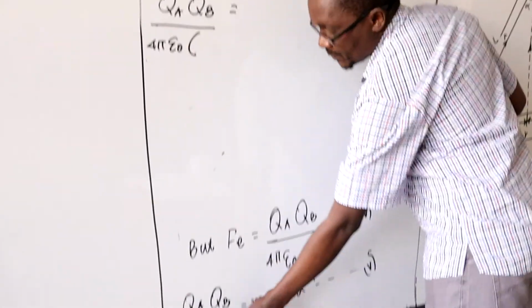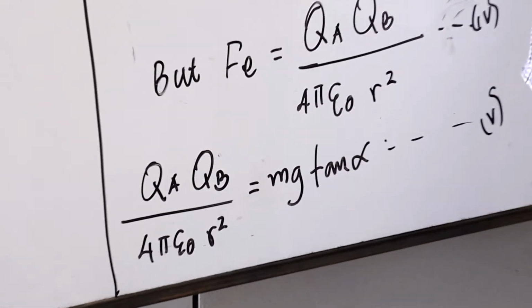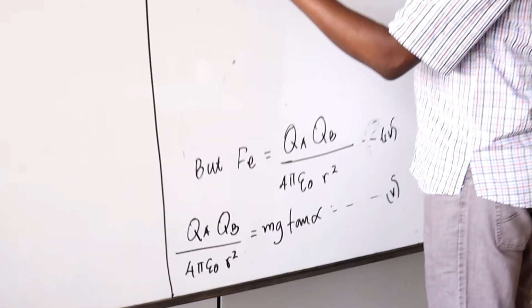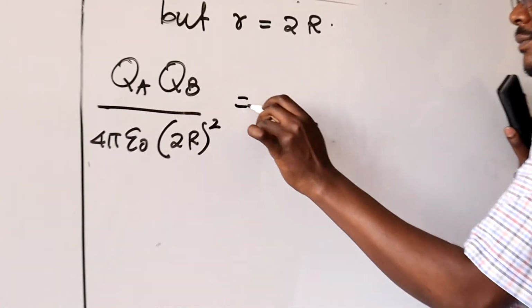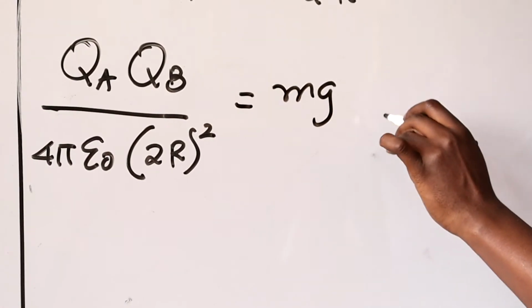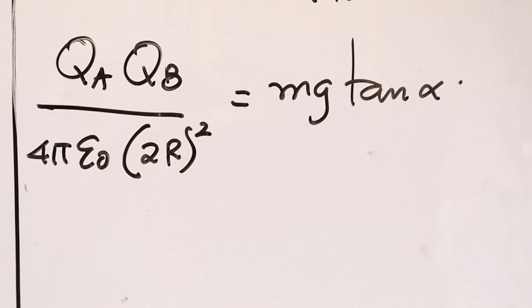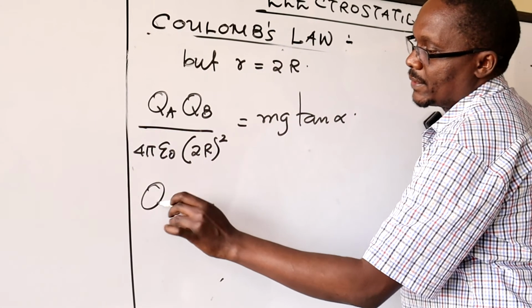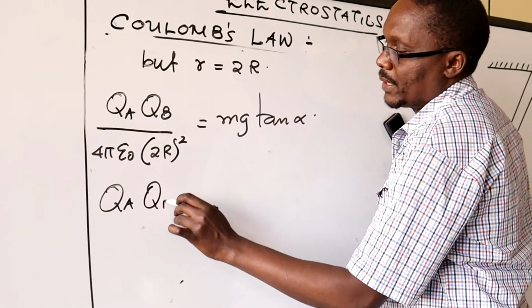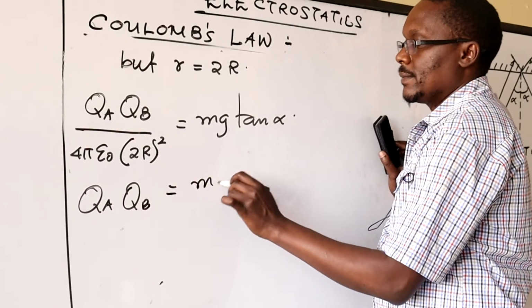So instead of this small r, I'll have 2R squared. That must be mg tan of what? Of alpha.